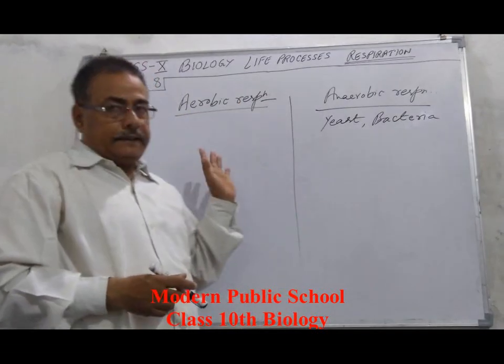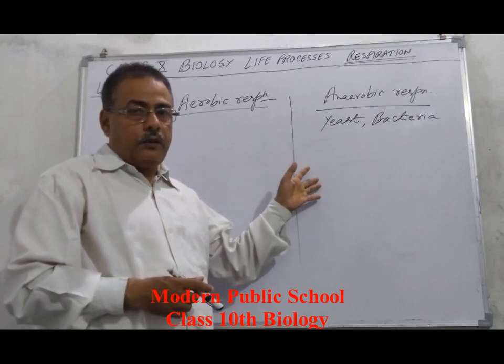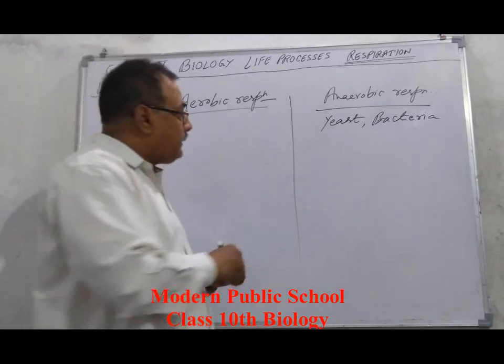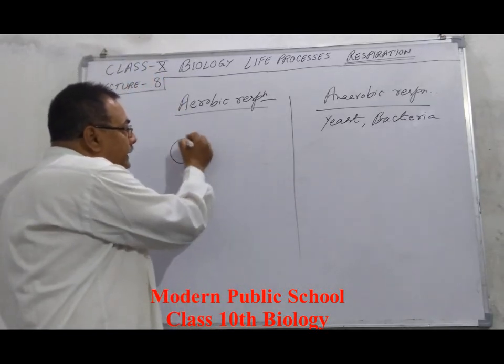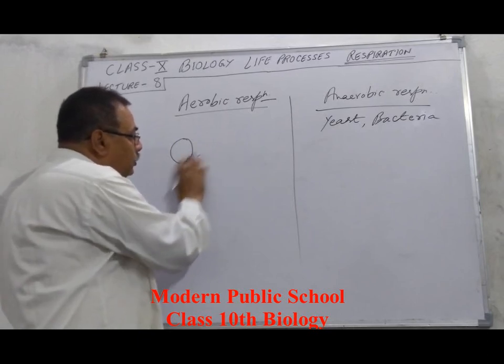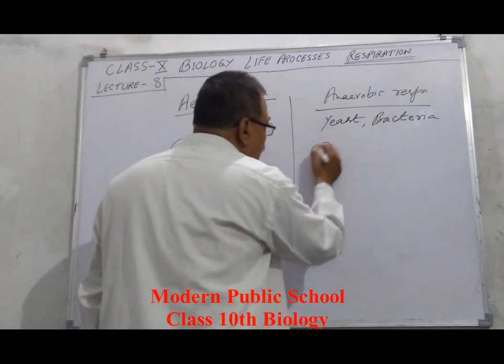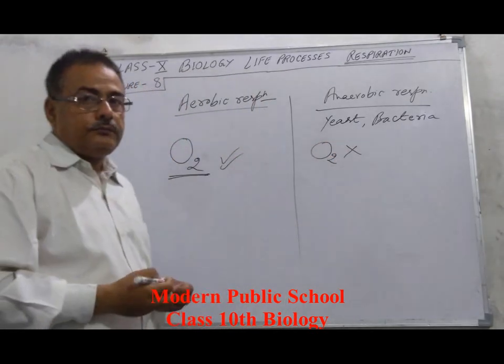In both cases, either aerobic or anaerobic, food is broken down, but in aerobic respiration, oxygen is required to break down food. Here no O2 is required, here O2 is required.